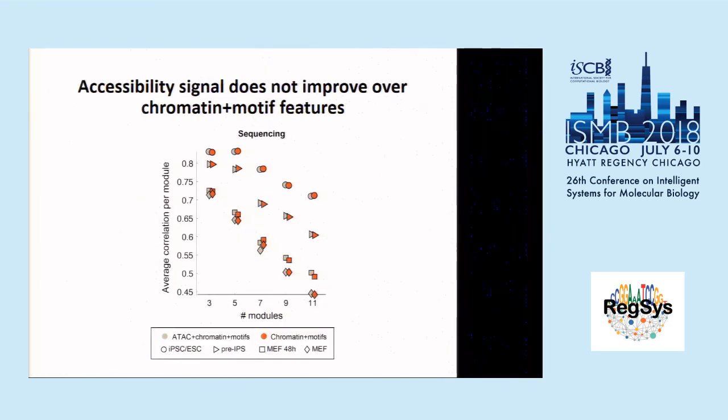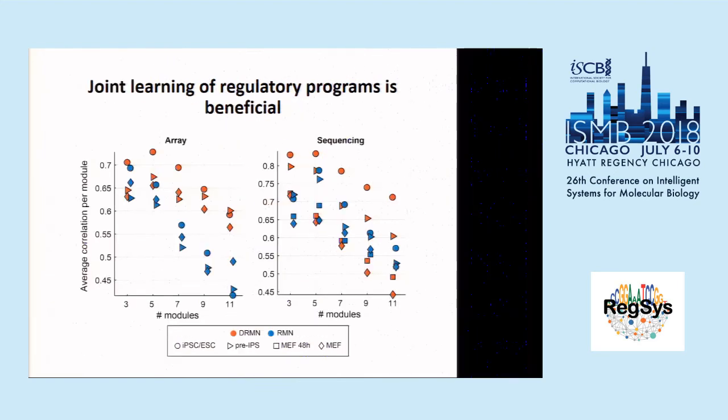Our next question was whether using the dynamic regulatory module networks was an improvement over just learning these networks separately per cell type. So we compared DRMN to regulatory module networks learned separately for each of these 3 cell types in the 2 different data sets. And I'm showing results here for the same features, the chromatin marks and the motifs.